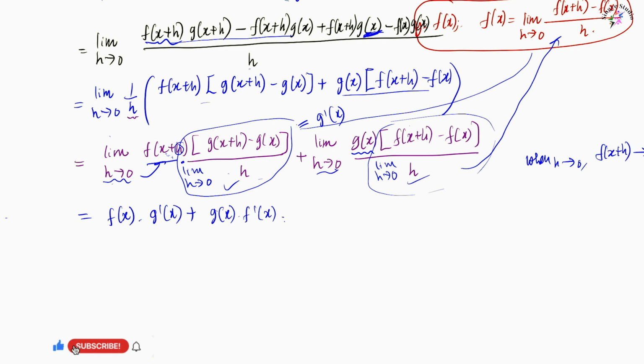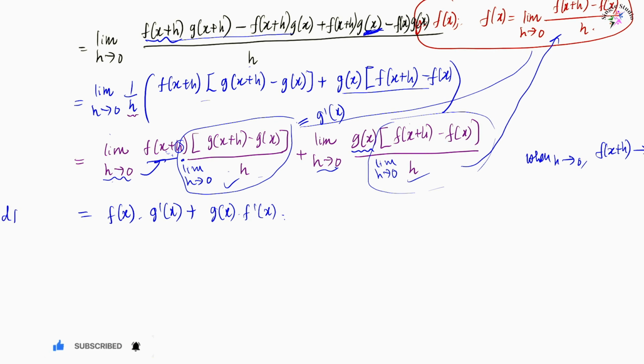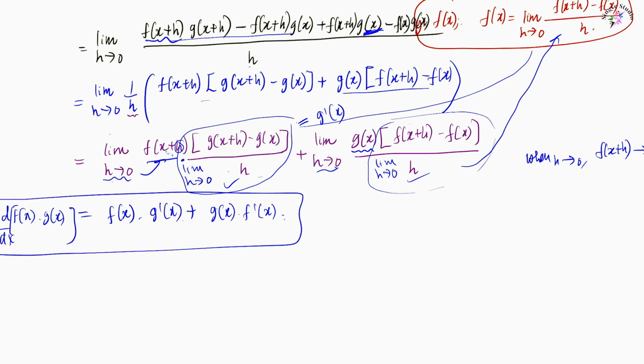By this, we have successfully derived the expression for the product rule, which is d of f of x times g of x upon dx is the sum of the first function times the derivative of the second function and the second function times the derivative of the first function.